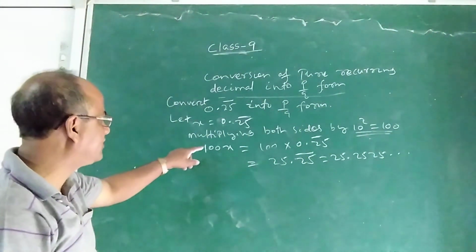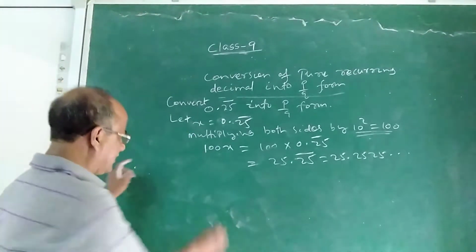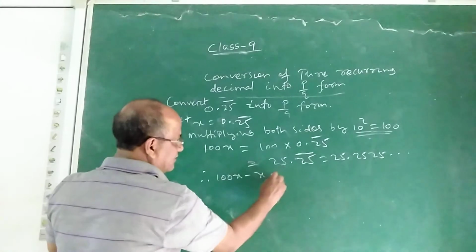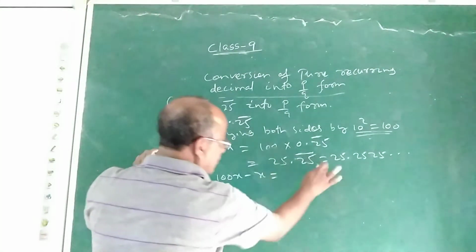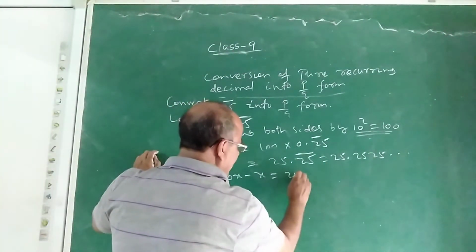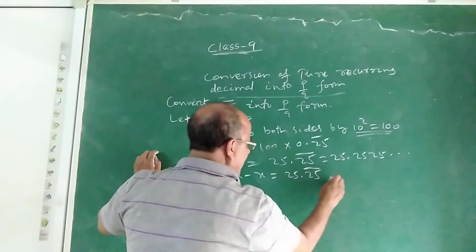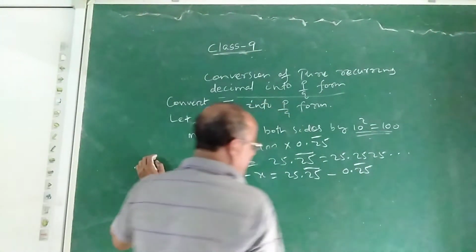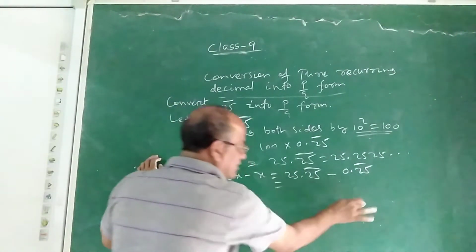Now the third step is you subtract x from 100x. Therefore 100x minus x equals, what is the value of 100x? This one, 25.25 bar, minus 0.25 bar. And what will be the difference of these two?